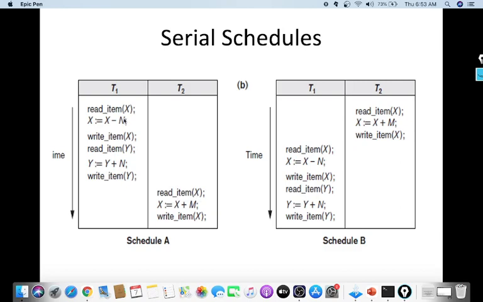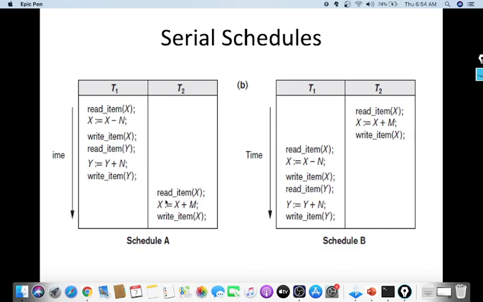X will be 87, as we have updated it. Then we perform x plus 2, so 87 plus 2 is 89. So x will be 89. Finally, after completing this execution, x will be 89 and y will be 93.